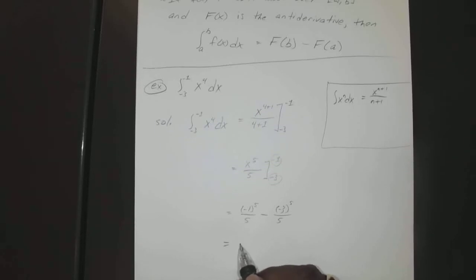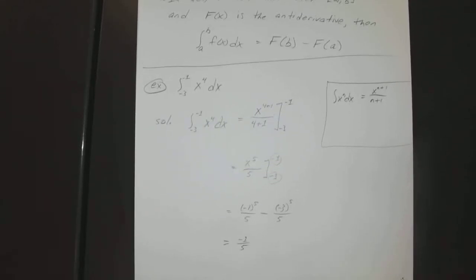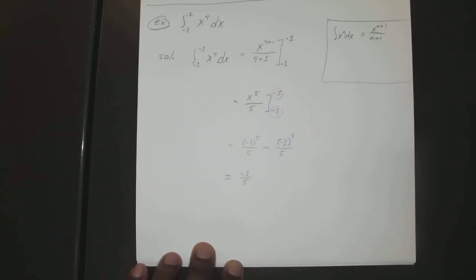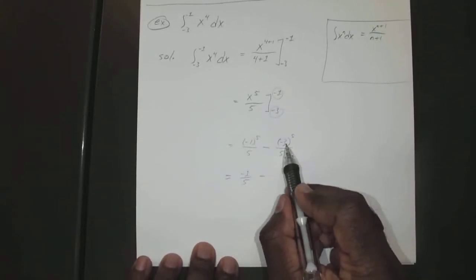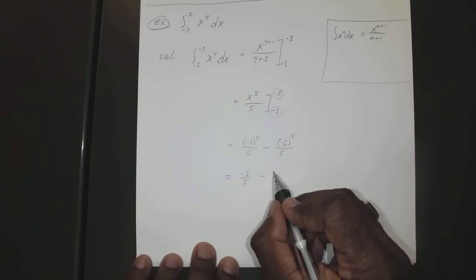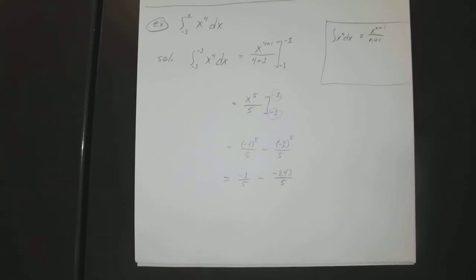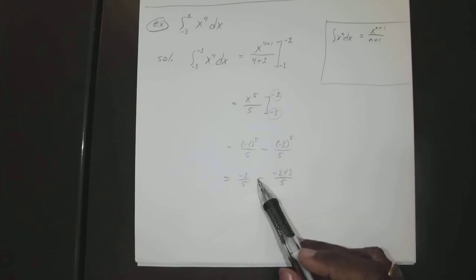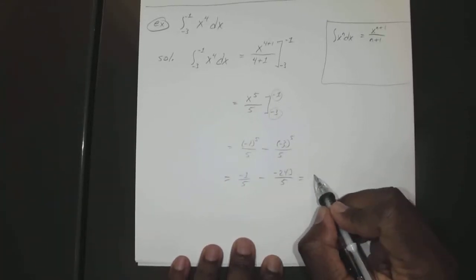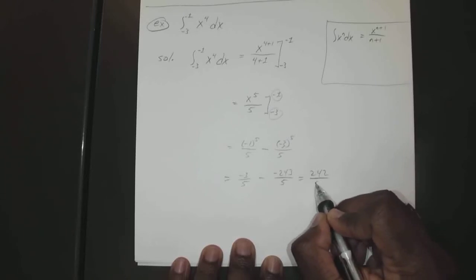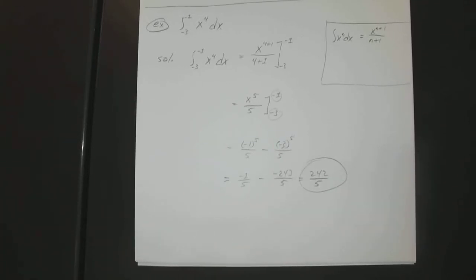Negative 1 to the 5th is negative 1 over 5, minus negative 3 to the 5th, which is negative 243 over 5. Negative and negative is positive, so you end up with 242 over 5. No limits, no summation formulas, just straight through.